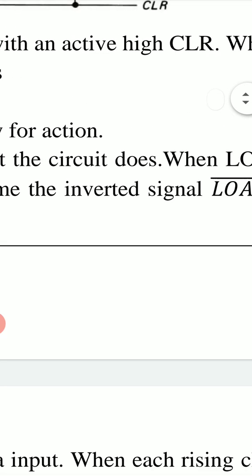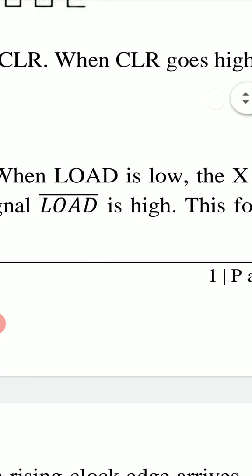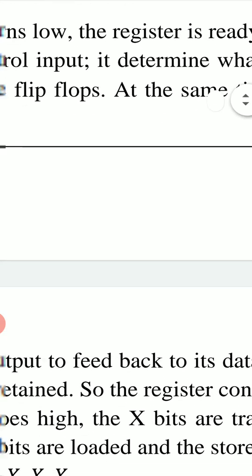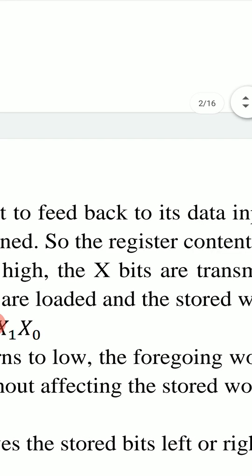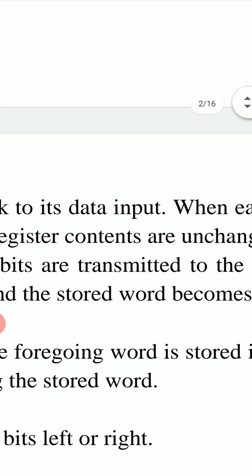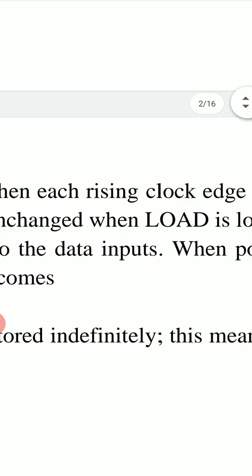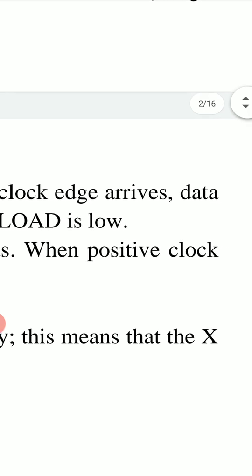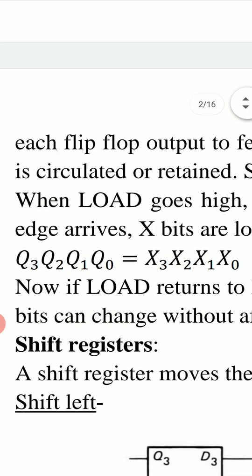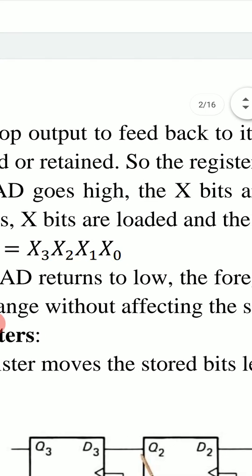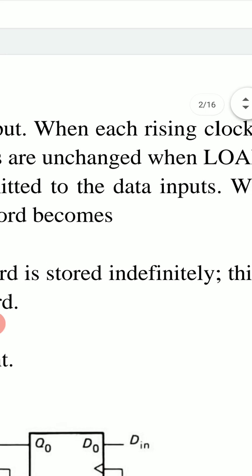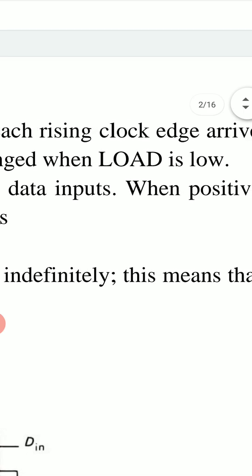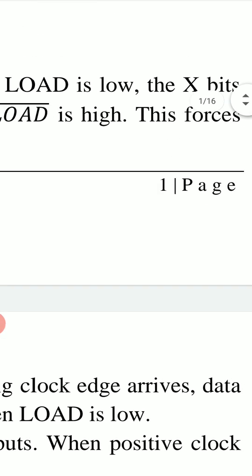At the same time, the inverted signal load bar is high. This forces each flip-flop output to feed back to its data input. When each rising clock edge arrives, data is circulated or retained. So the register contents are unchanged when load is low.